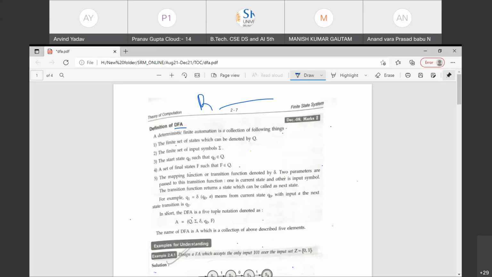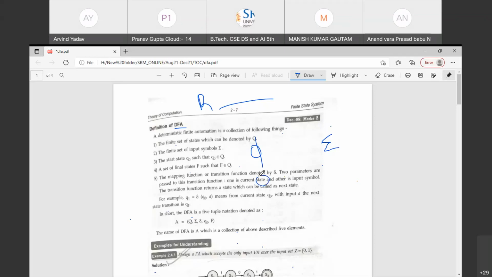Before that, we need to know about basic terminologies. We have the empty set, and we have another symbol, epsilon, the null string. Whenever I say phi, it means that from the given input alphabet no string is accepted.